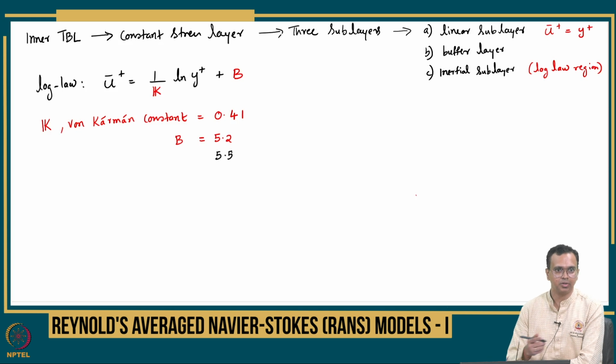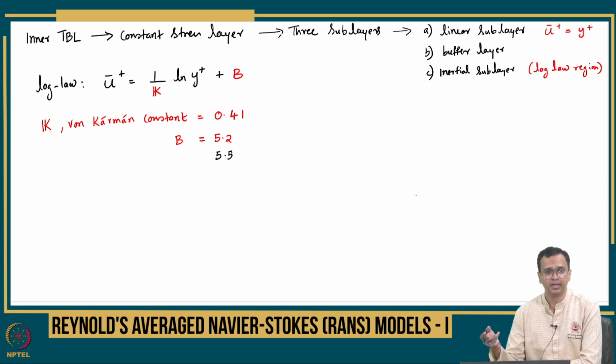Somebody asked a good question: whatever we have discussed, these three layers or the other layers, is it all going to be there all the time in all types of turbulent flows? No, right? As I mentioned, turbulent flows are different types of flows. Each flow is different, and even in a turbulent boundary layer, the boundary conditions we have applied are important. Now we have taken a smooth wall.